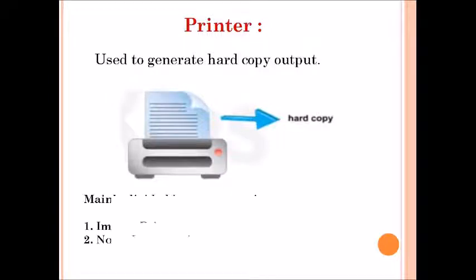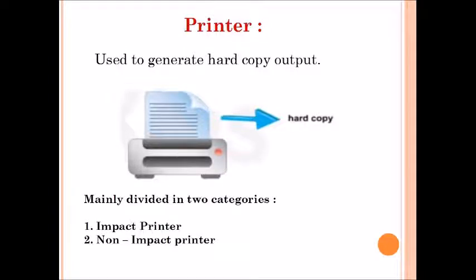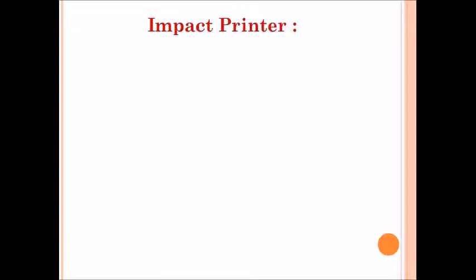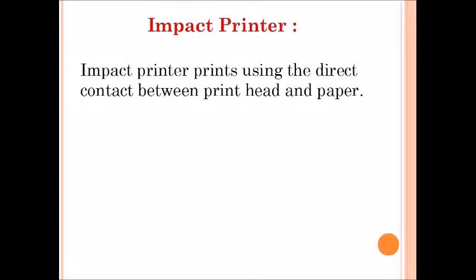Printers are mainly divided into two categories, impact printer and non-impact printer. Let's see the impact printer. The impact printer prints using direct contact between the print head and the paper, meaning a print head bearing letters, numbers or signs strikes on the ink ribbon placed immediately before the paper, as in typewriting.